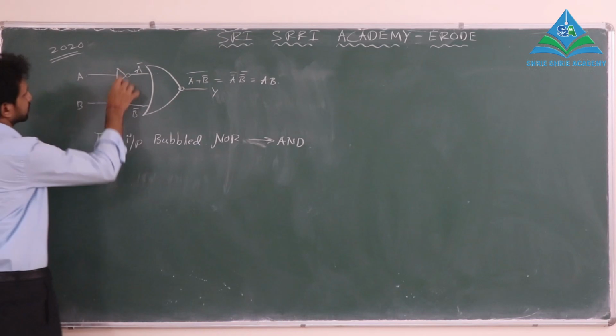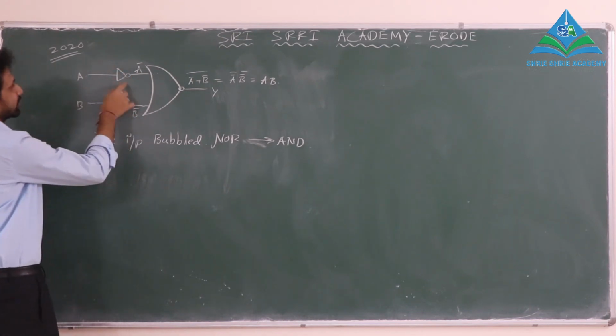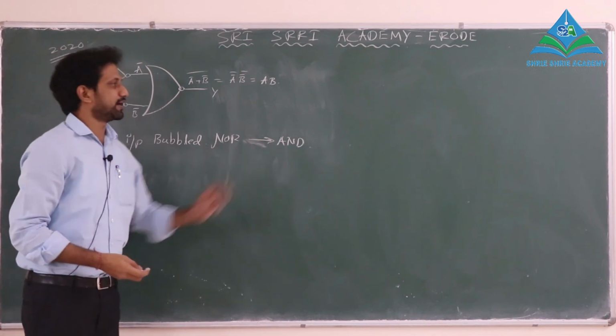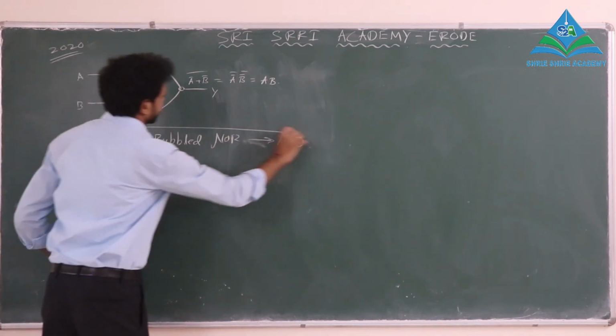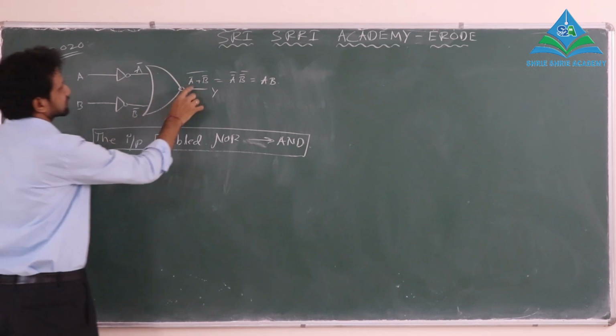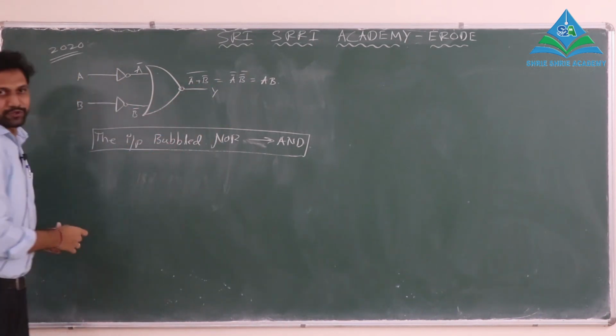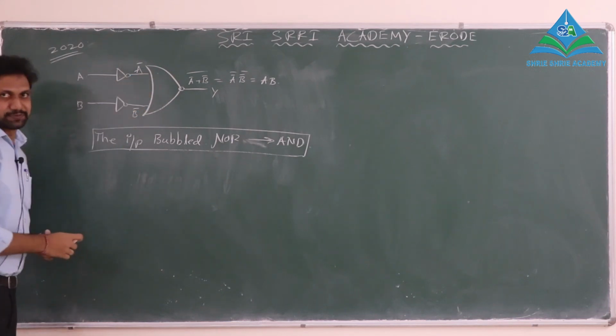Bubbling means connecting a NOT gate, inverting. So by simply remembering this statement, without solving the expressions or using Boolean laws, you can say yes, this is an AND gate.